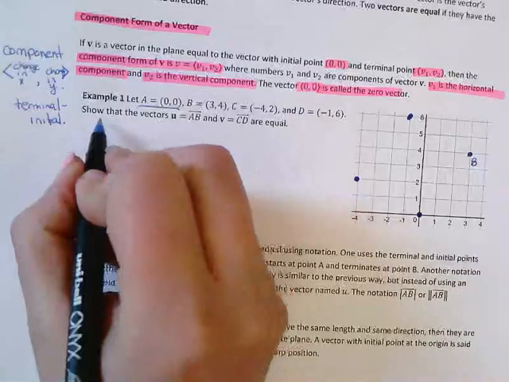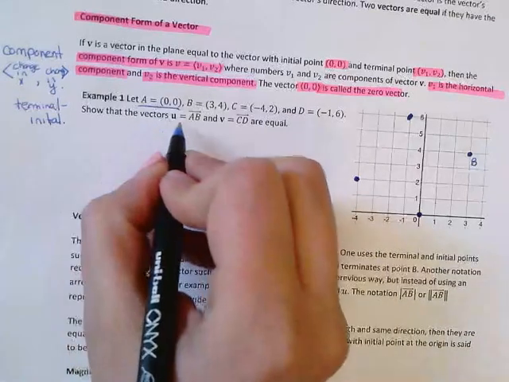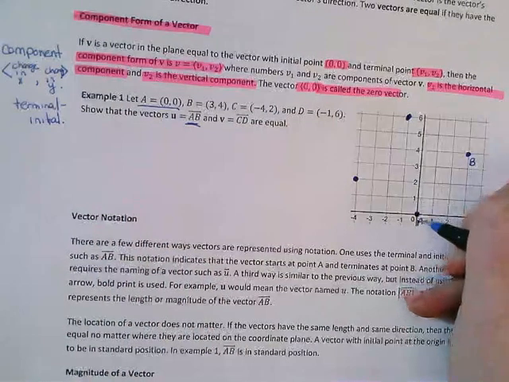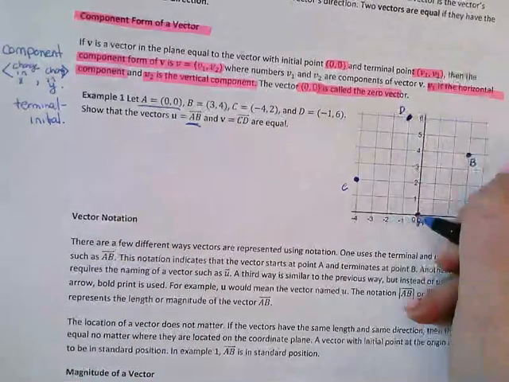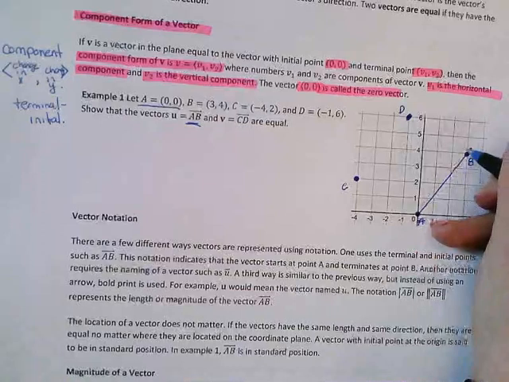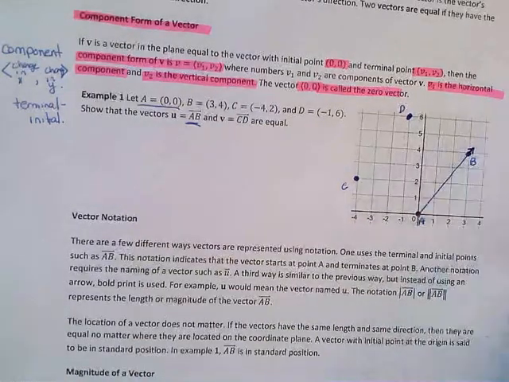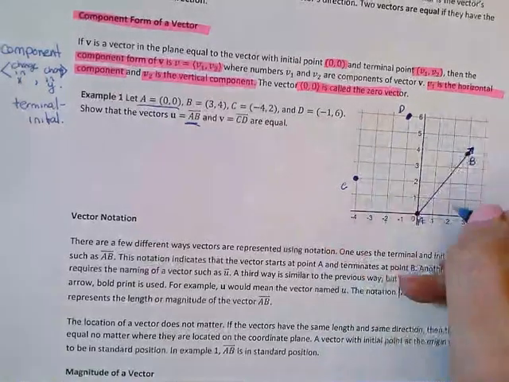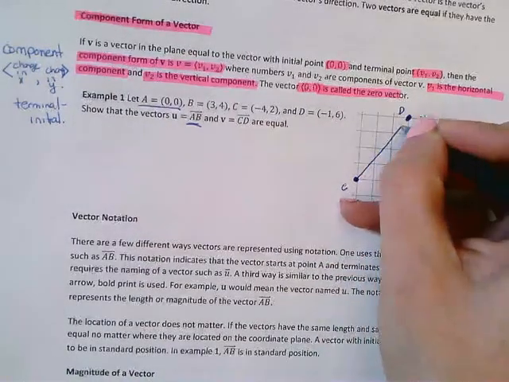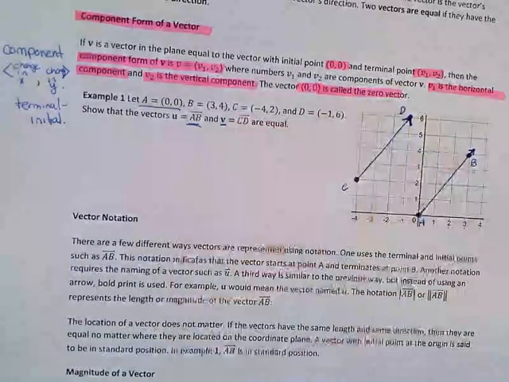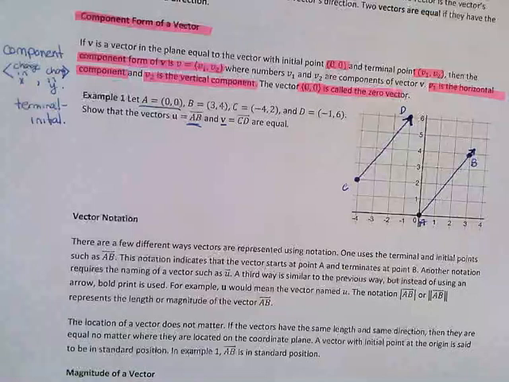So basically, you want to show that the vectors u and v are equal. Vector u is from A to B. So here's A, that was C, that was D. Here's B, and vector u, and here is vector v, and we want to show that they are equal.